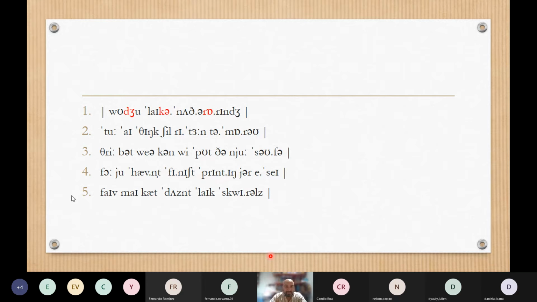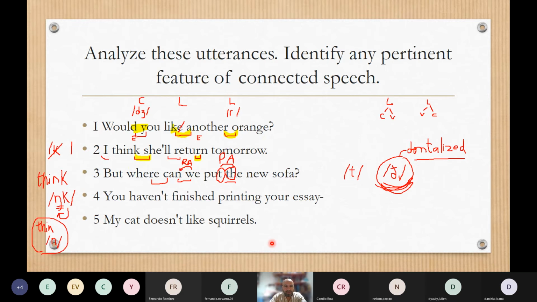The other way to do this is that we go back to the previous slide, and what we do is we describe here the elements. For example, in the first one, we say that there is coalescence.